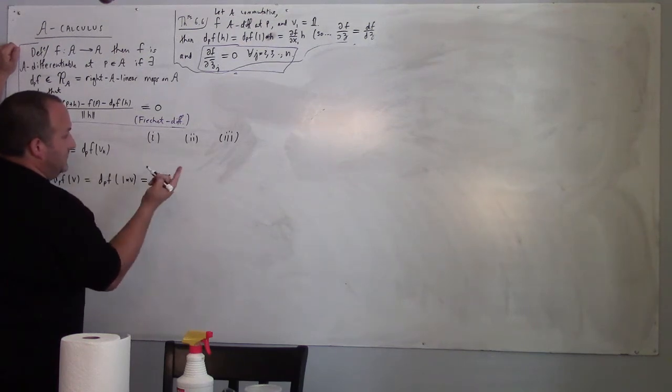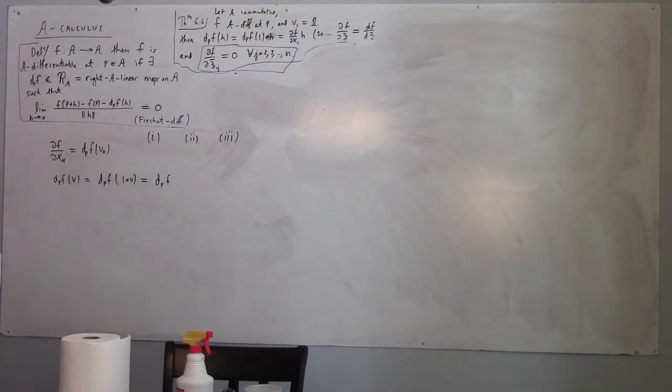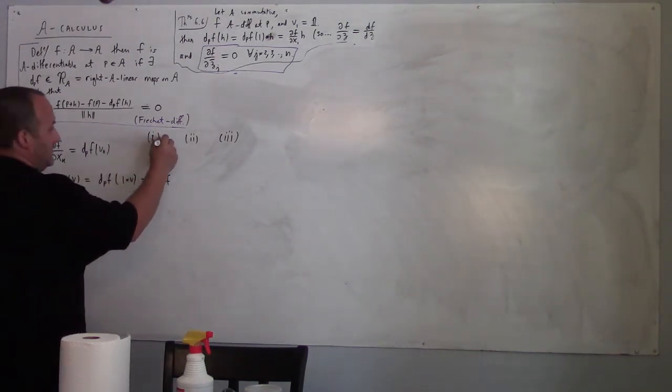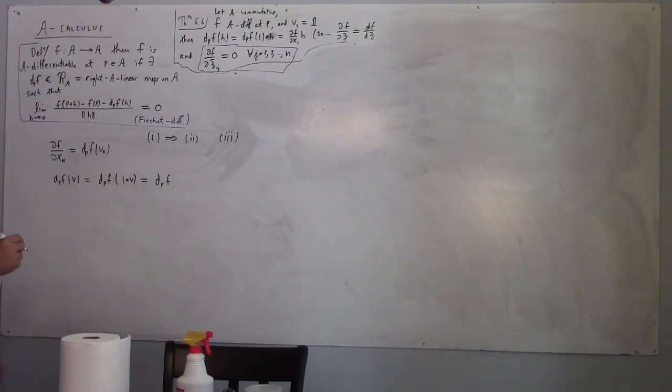You could do 1 implies 2. You could do 2 implies 1. One states that it's right differentiable. I'm going to ignore the proof and just do 1 implies 2. So suppose that 1 is right differentiable, right?